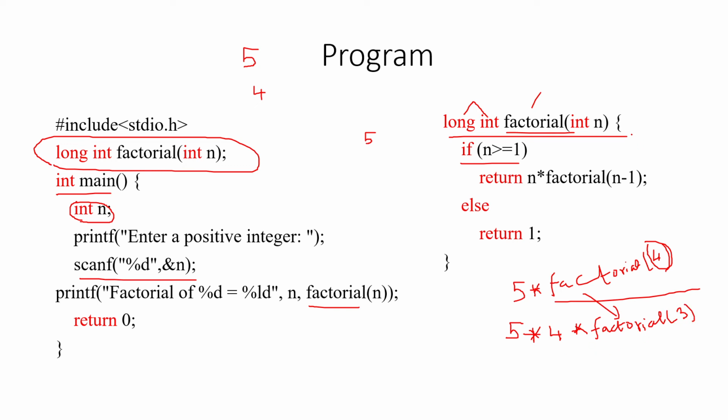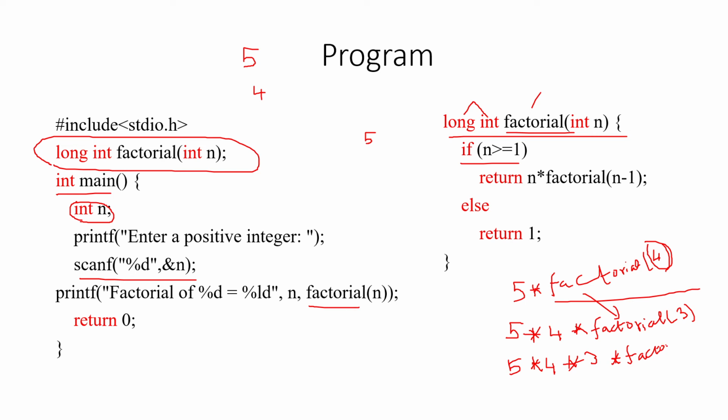The condition is checked: 3 greater than or equal to 1, true again. So it is 5 into 4 into 3 into factorial of 2.